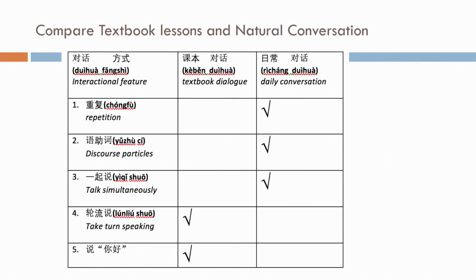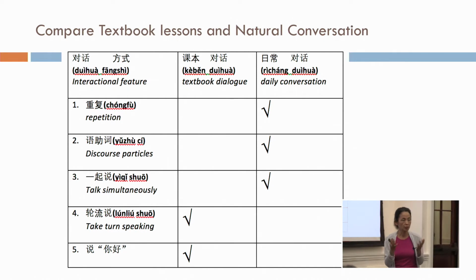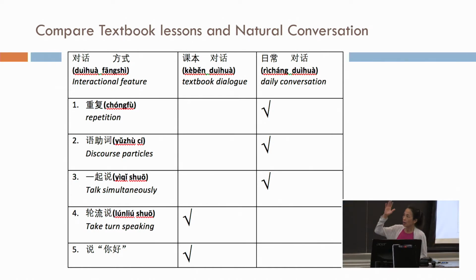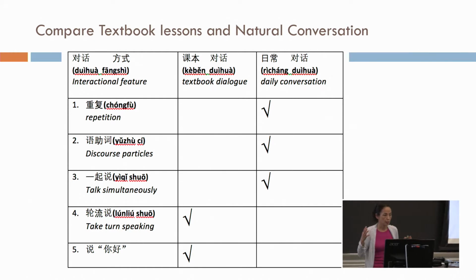So from the very beginning, I start to show them and guide them to see the contrast between textbook dialogue and natural conversation. And when we do this, can we also have them discuss this in Chinese instead of everything in English? So this is one way I do it, to give them this form.